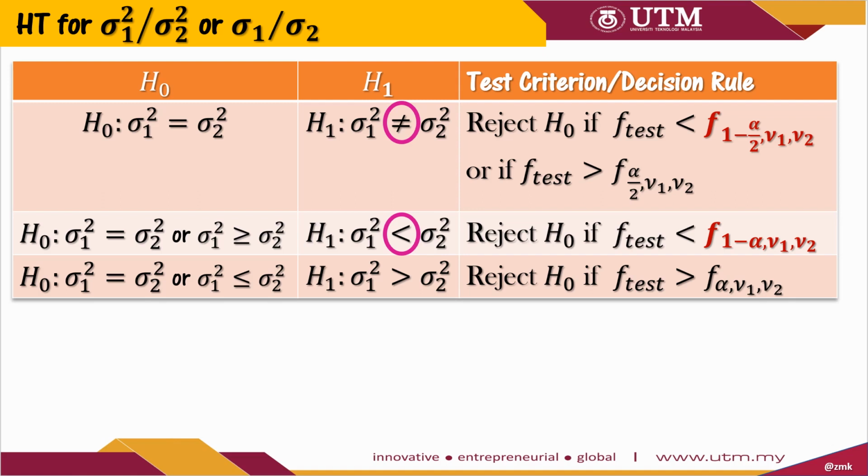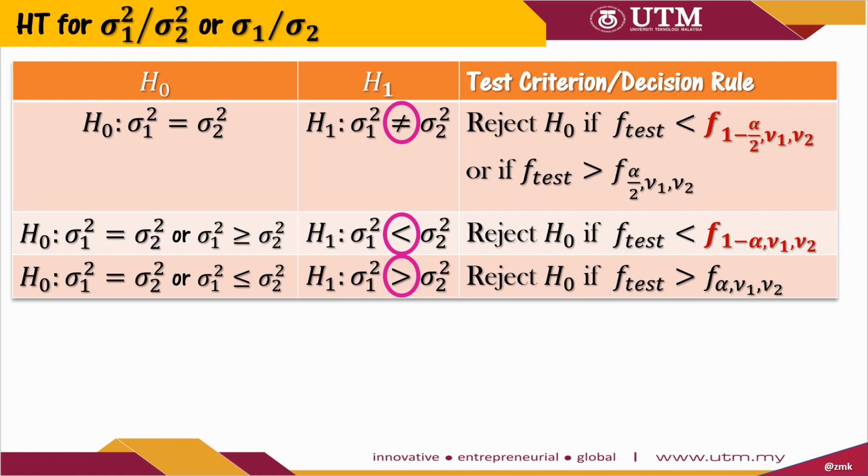And finally, we have a right-sided alternative hypothesis test denoted by a more than sign under H1 when we want to test if sigma 1 squared is more than sigma 2 squared, or if the ratio of these two population variances is greater than 1 under the alternative hypothesis H1.